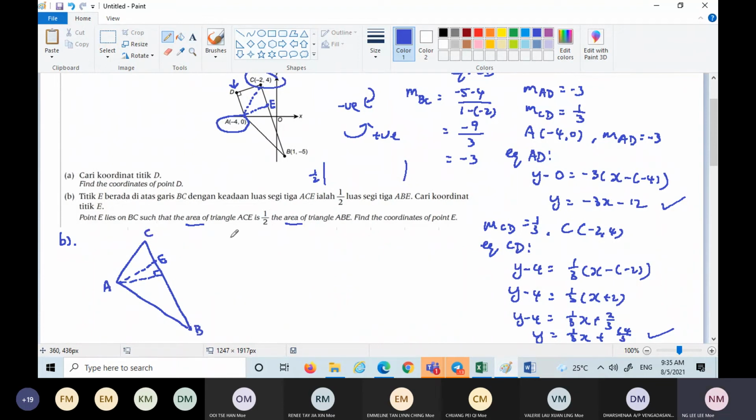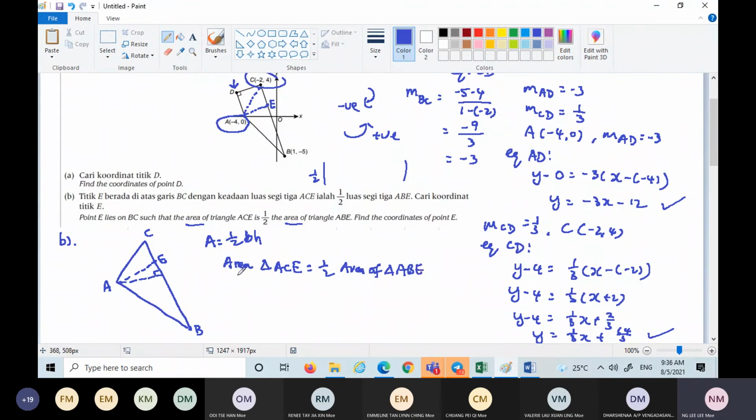I'm going to use the area of a triangle as half times base times the height. Now, you see, given here, they say that the area of triangle ACE is half the area of triangle ABE.